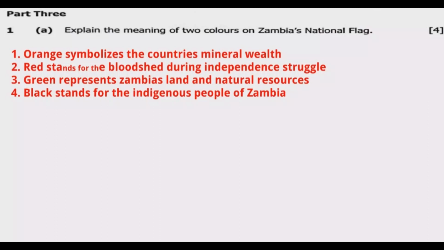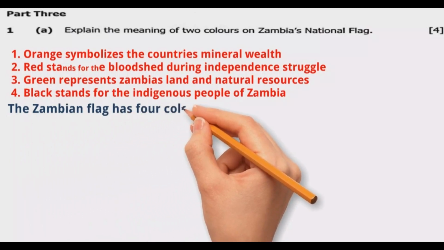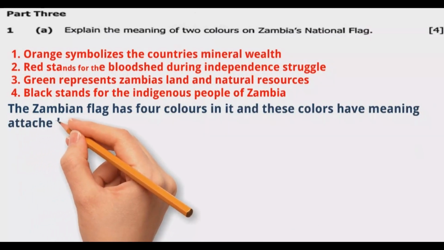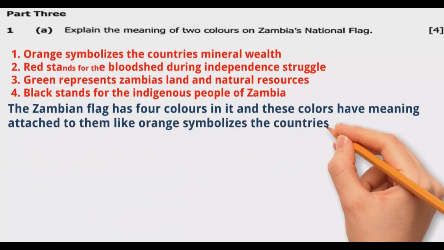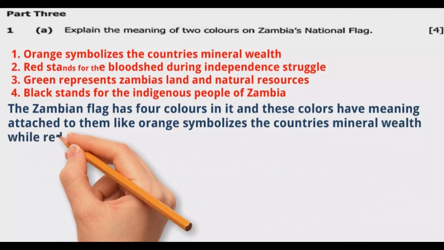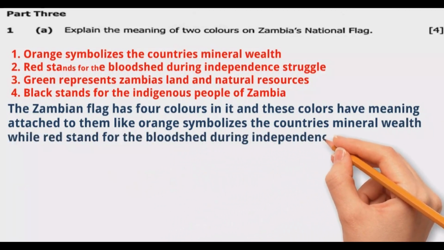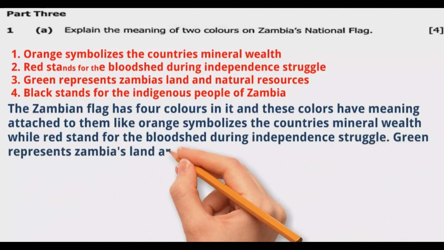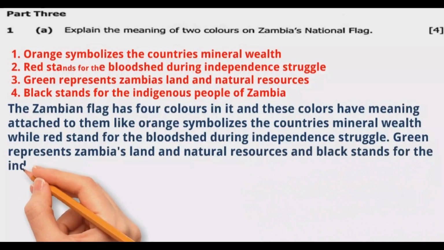You can say the Zambian flag has 4 colors in it, and these colors have meaning attached to them, like orange symbolizes the country's mineral wealth, while red stands for the bloodshed during the independence struggle. Green represents Zambia's land and natural resources, and black stands for the indigenous people of Zambia.